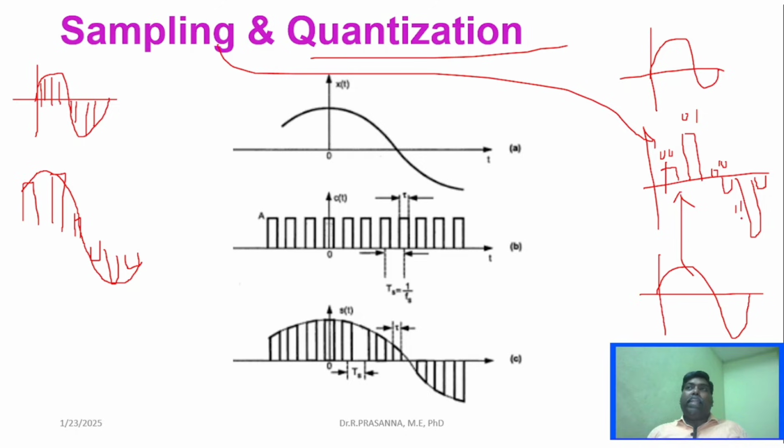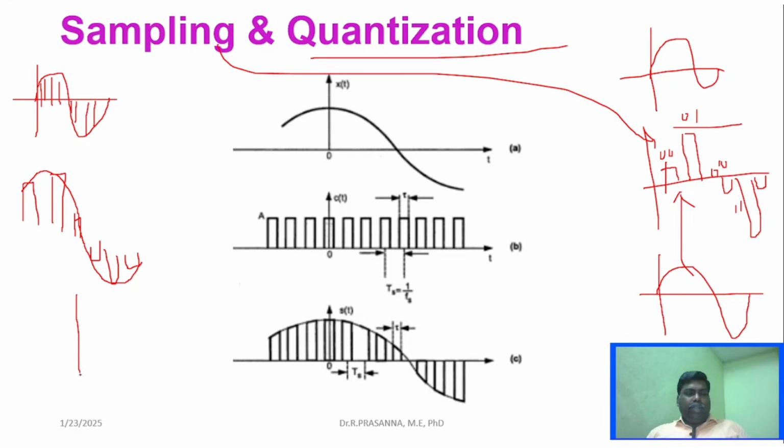So the process of digitizing the samples is called quantization. Only after performing sampling and quantization is a continuous signal changed into a digital signal, zeros and ones. The very important thing you have to understand is, in order to convert a continuous signal to a digital signal, you need both sampling and quantization.